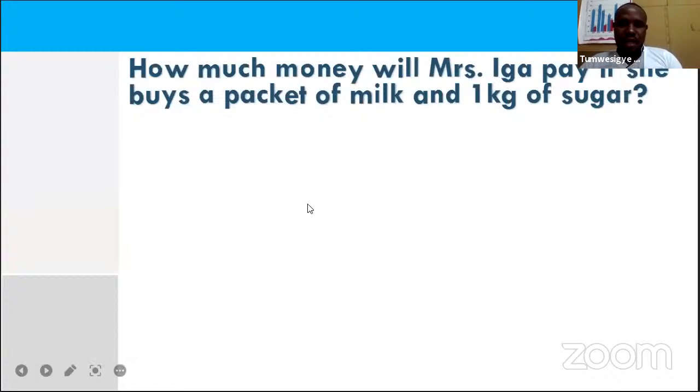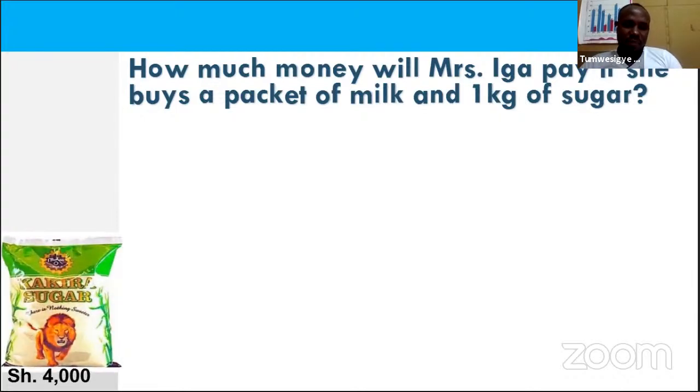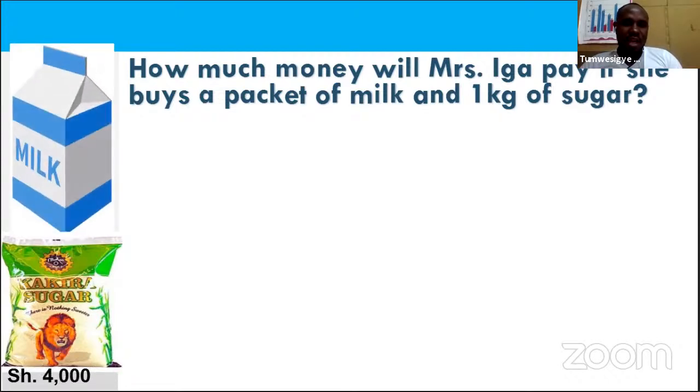I've quoted the items from the list, they are here. We had sugar costing 4,000, and we had milk, which was not costing too much, only 2,000.